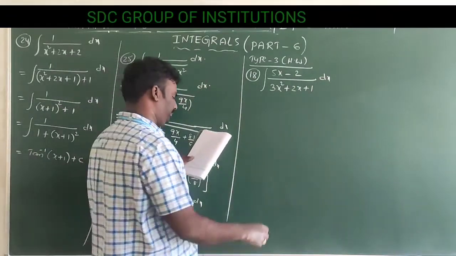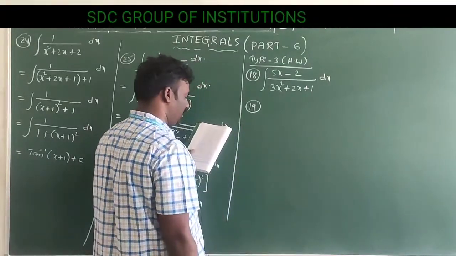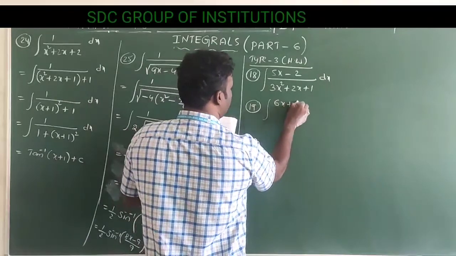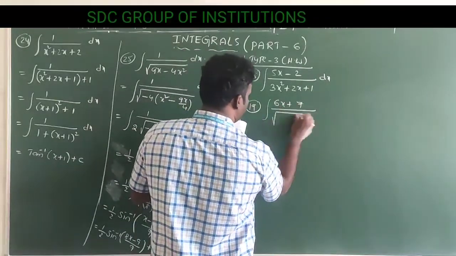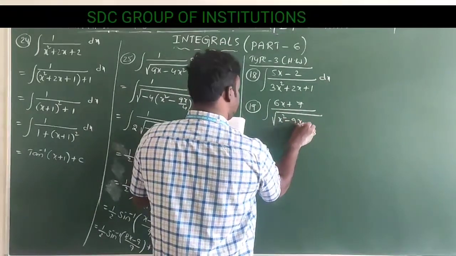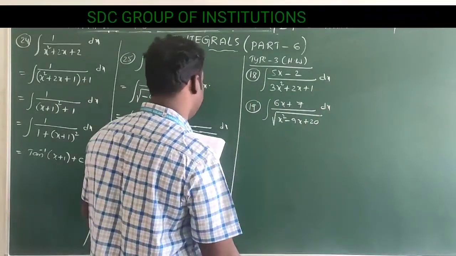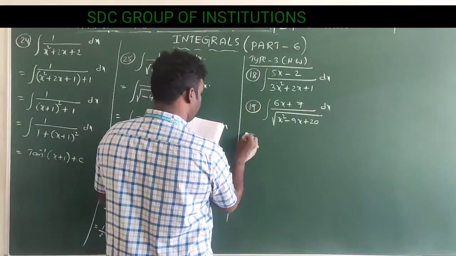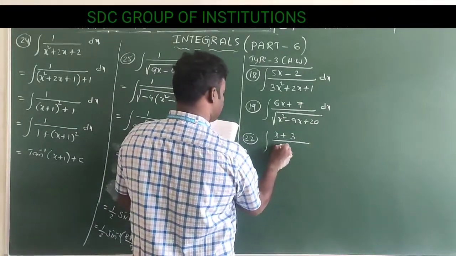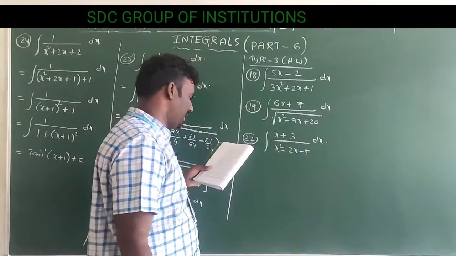Next, 19th, integral (6x plus 7) by under root of x square minus 9x plus 20 dx. Next, 22, integral (x plus 3) by x square minus 2x minus 5 dx.